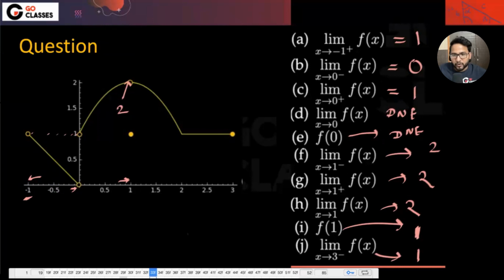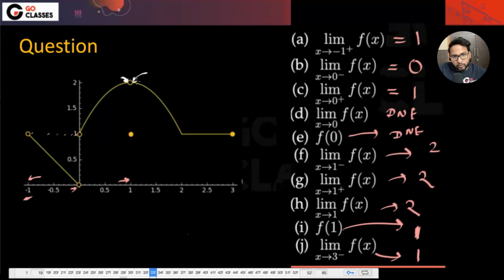If you are coming to this point from the left, which value is f(x) approaching? So if you are going to this point from the left, it is actually 2.